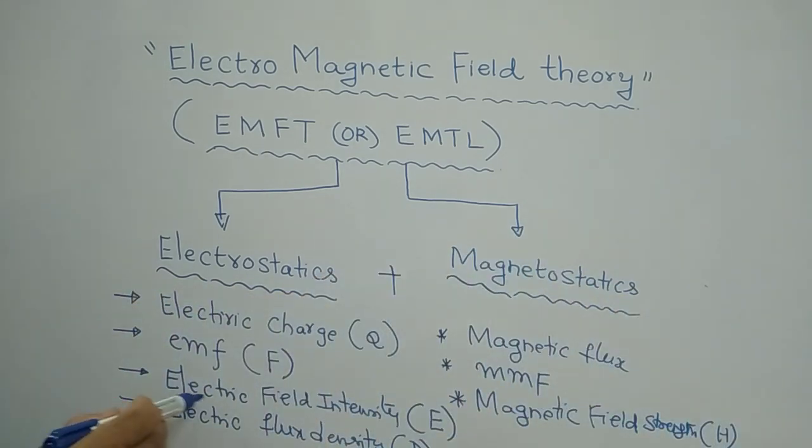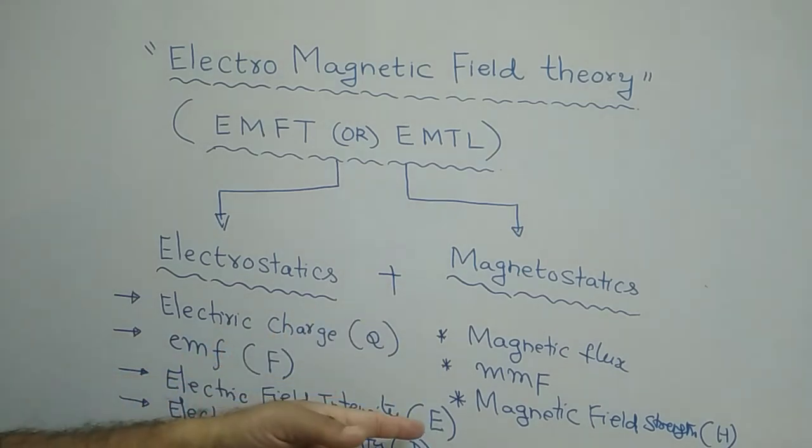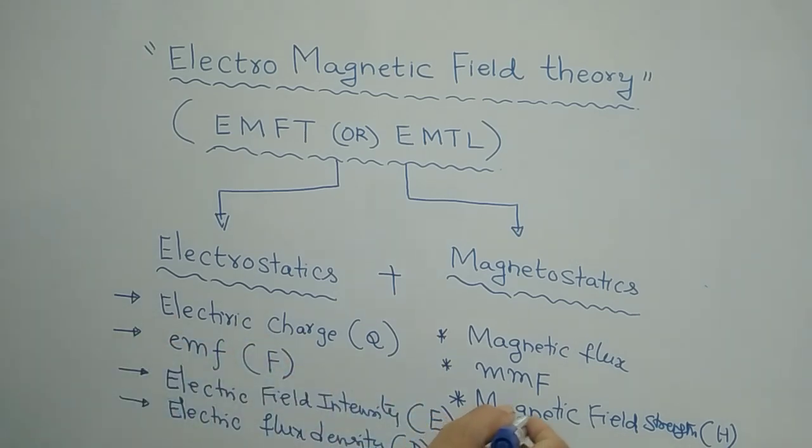Remember that electric field intensity E can also be called electric field strength. Similarly, the magnetic field strength denoted by the letter H is also called magnetic field intensity.